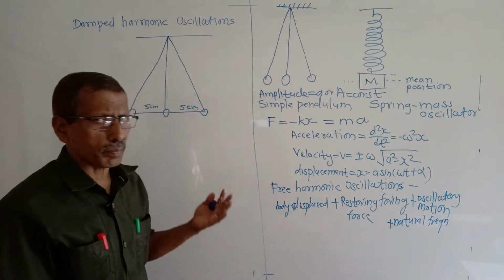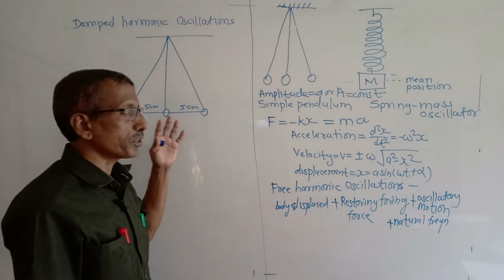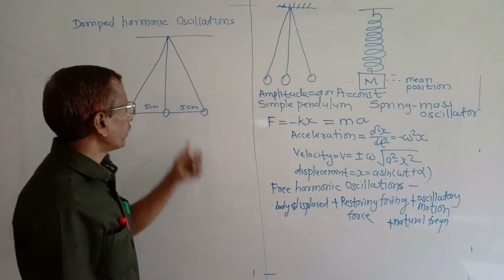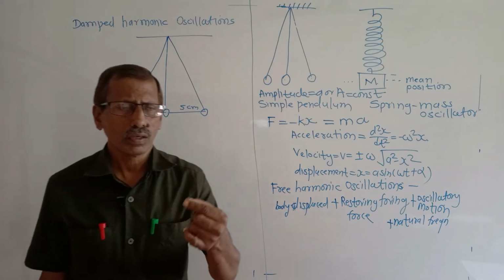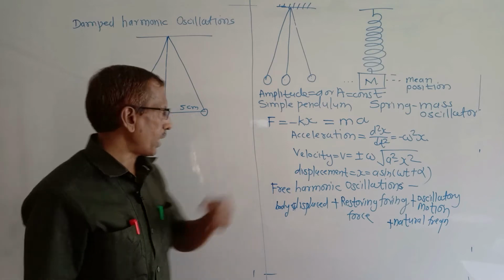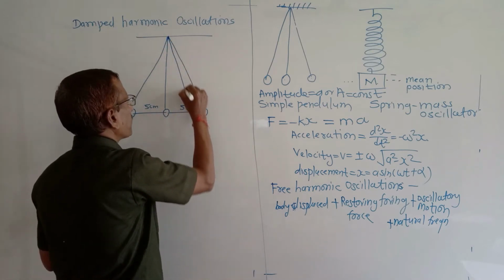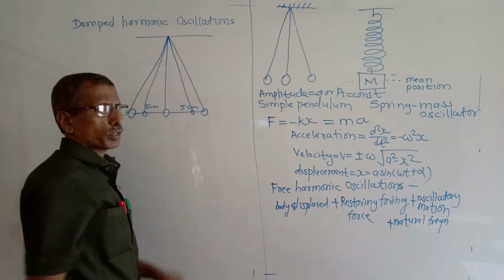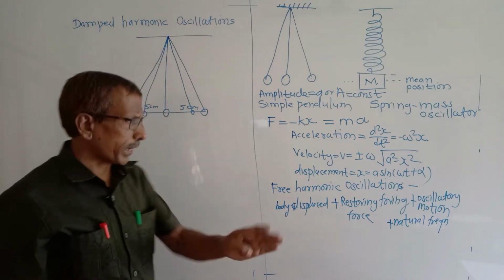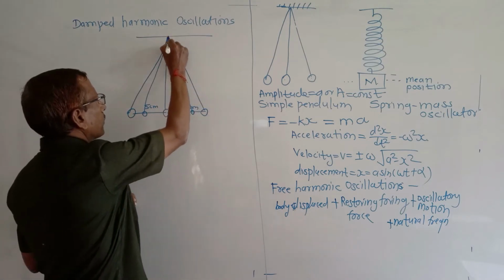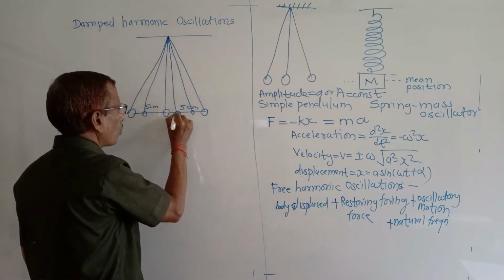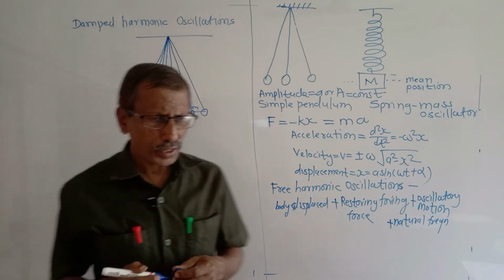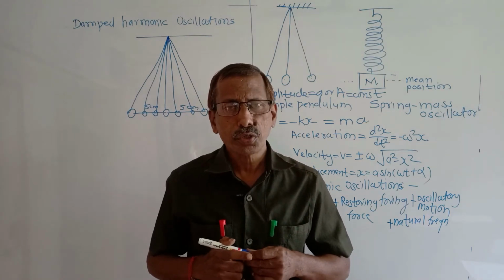But after some time, when we observe this motion, the amplitude of oscillation goes on decreasing. Let us consider that after an interval of 30 seconds, the amplitude decreases by some amount, so the same amplitude is described on the other side. Again, after some time, the amplitude decreases again. So the question arises, why is the amplitude decreasing?